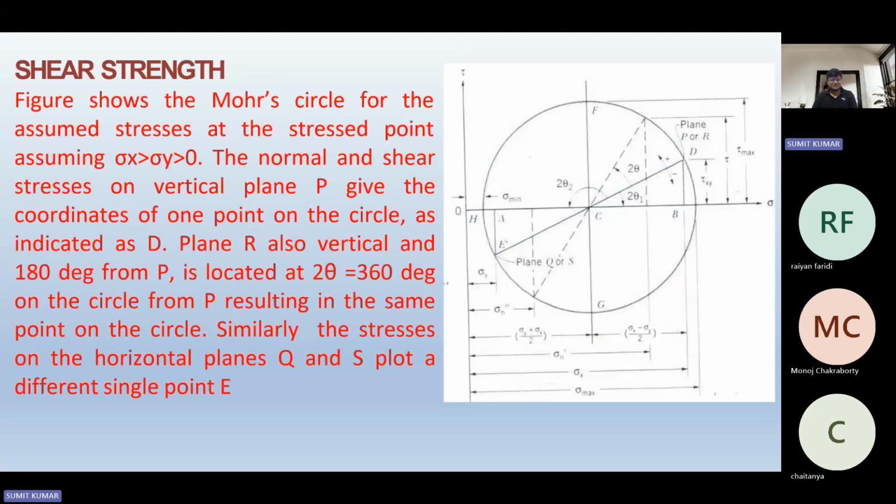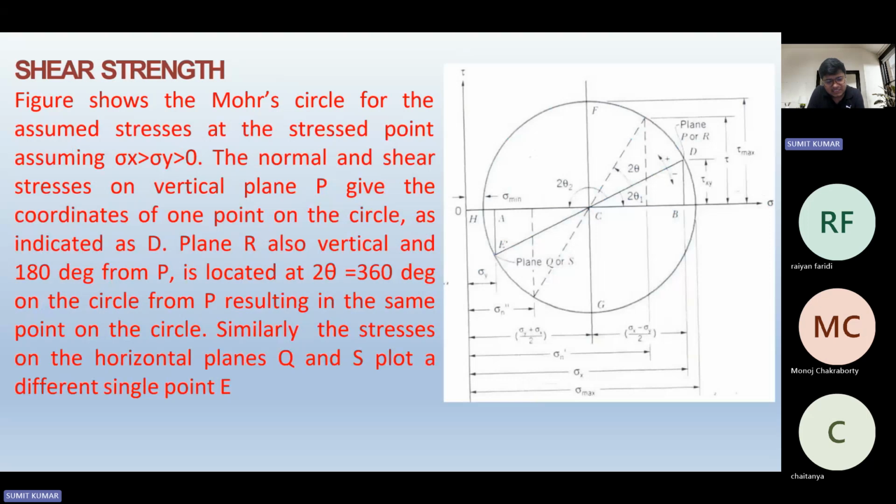Now moving ahead, some more important points about the Mohr circle. The figure shows the Mohr circle for assumed stress at the stressed point, assuming sigma x is greater than sigma y is greater than 0. The normal and the shear stress on the vertical plane P give the corresponding point on the circle. The idealized plane D is also vertical and 180 degrees from P, so it is located at 2 theta equal to 360 degrees on the circle from P, resulting in the same point on the circle.